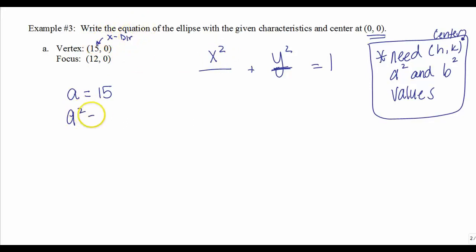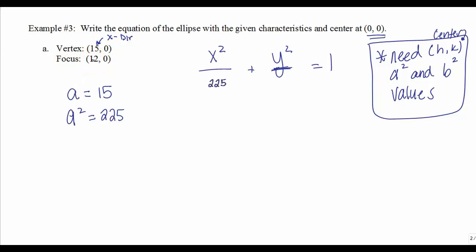So I don't need a, I need a squared. So if I square both sides, 15 squared is 225. Since the vertex is going in the x direction, I need to put 225 underneath the x. And then the focus, again, is 12.